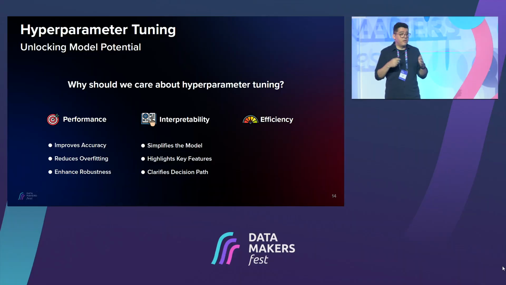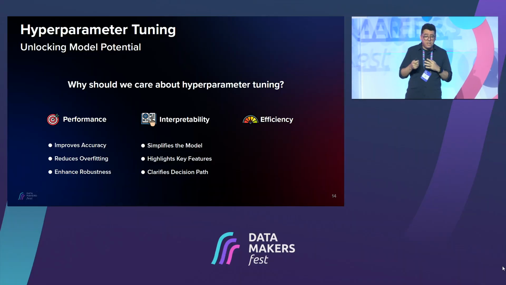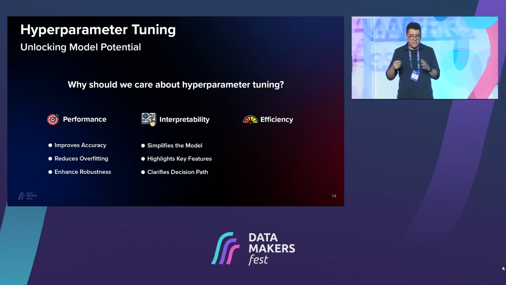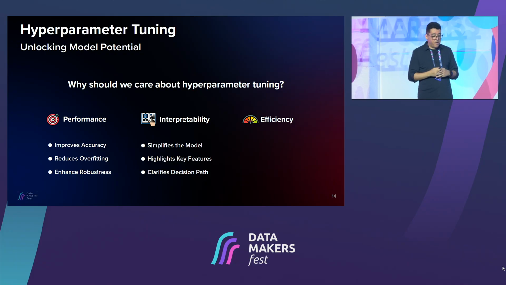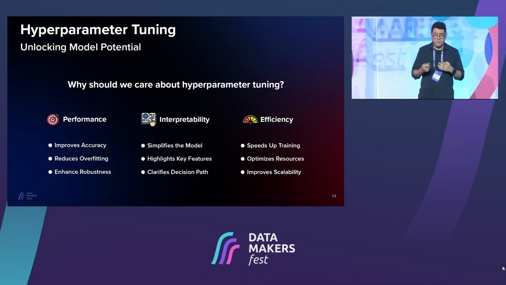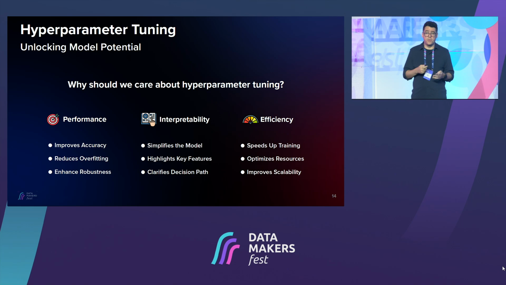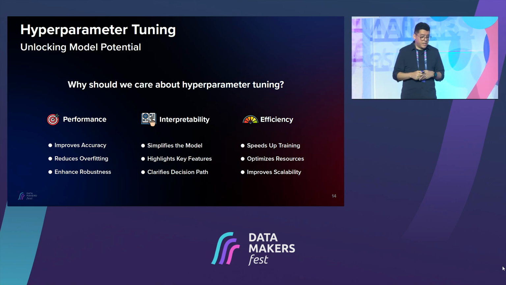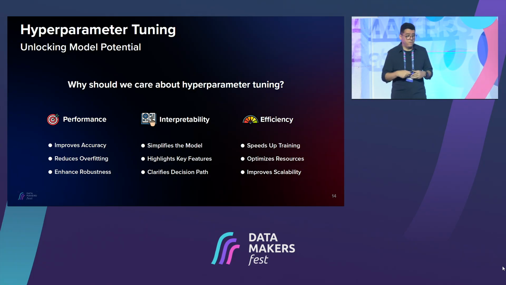It can help us improve interpretability as well, so it simplifies the model, helping the model pay attention to the key features during training, and also clarifying the decision path, helping perhaps make the model less of a black box. And finally, efficiency: depending on the parameters, you can speed up your training time, optimize resources, and improve, of course, scalability if you eventually have a really large data set.